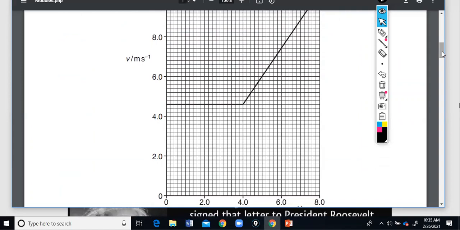All right, so here we've got 4, and then there's 10 squares, so we go 1, 2, 3, 4, 5, 6, 7, 8, 9, 10. Yep, so 1, 2, 3, 4, 5, halfway. It goes all the way up to here, corresponding to 6 meters per second.